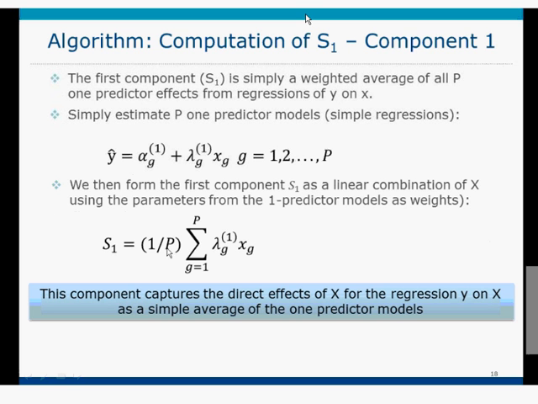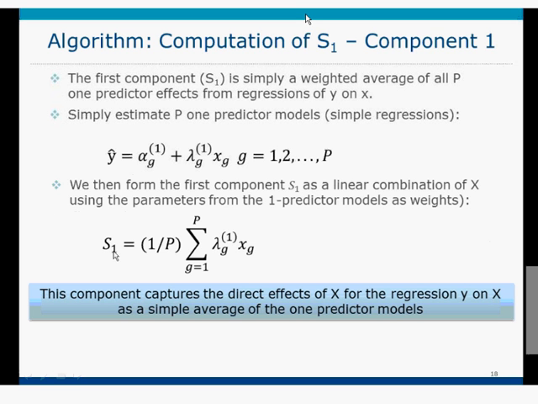Or we can divide it by the total number of predictors. It really doesn't matter, as I'll show you shortly. We can define the loading as either lambda G1 or lambda G1 divided by P. Okay, so then the component is just the sum of those loadings times the predictors.